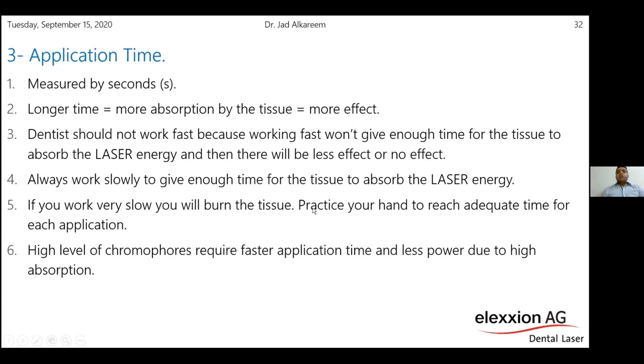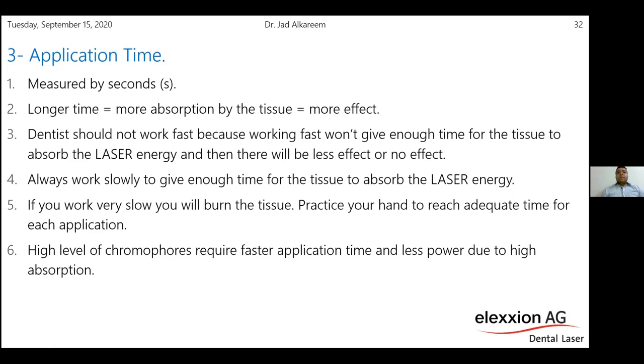So how to measure the application time? I suggest that you do more practice and try to use the diode laser on a chicken breast or a liver, so you can understand the absorption in both the hemoglobin and the melanin. Every patient has a different tissue interaction with the laser.